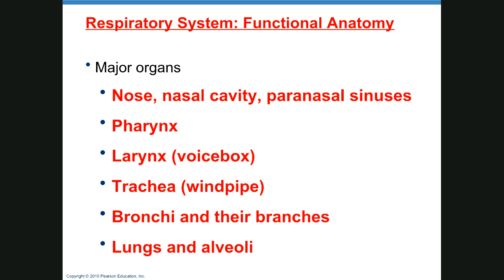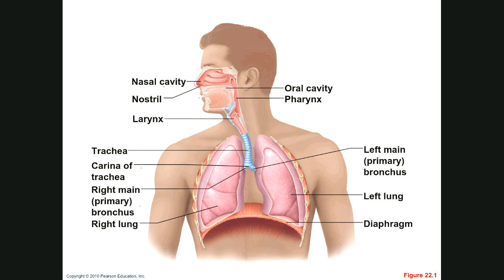As far as the anatomy of the respiratory system, we divide it into two parts: the conducting system and the actual respiration part. So the conducting zone and the respiratory zone. Those will be the two parts of the anatomical structures of the respiratory system.